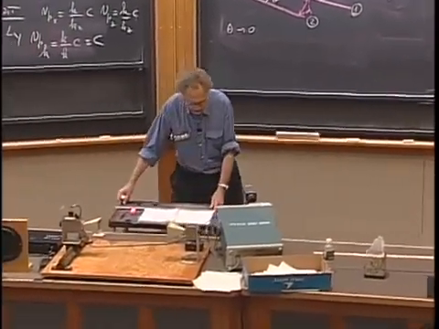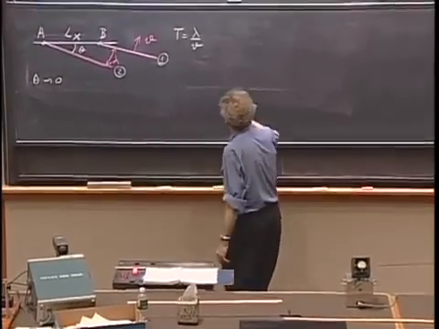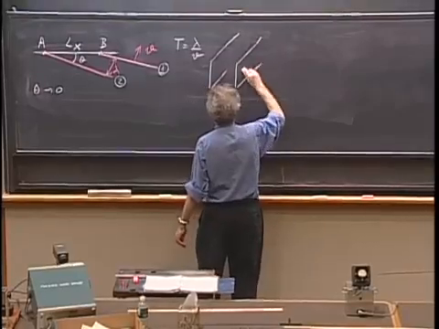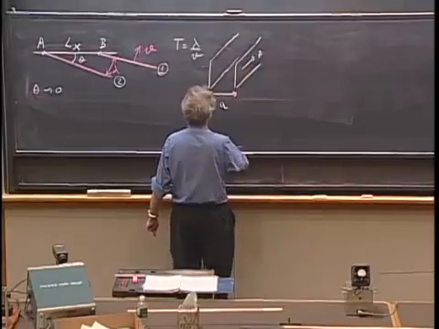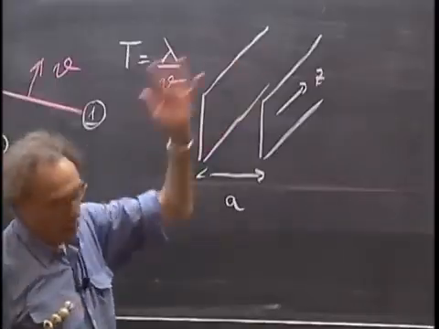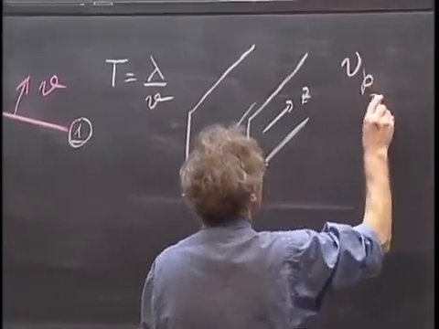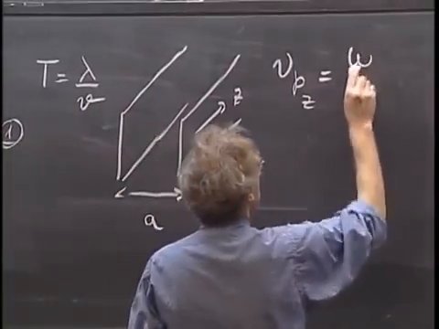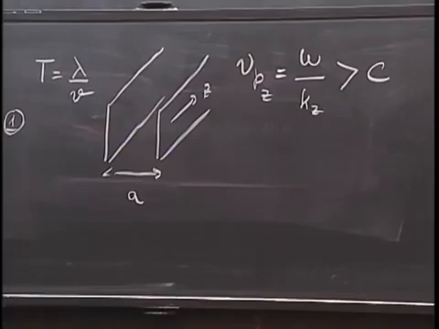And the reason why they couldn't sleep is that we had this wonderful demonstration whereby I had here an aluminum plate and I had another aluminum plate, and this was the z direction, and the separation between the plates was a, and we had electromagnetic radiation going in that direction, and we concluded, I will not go over the reasoning again, that the phase velocity in the z direction was omega divided by k of z, and that was larger than c. That's why you guys couldn't sleep.